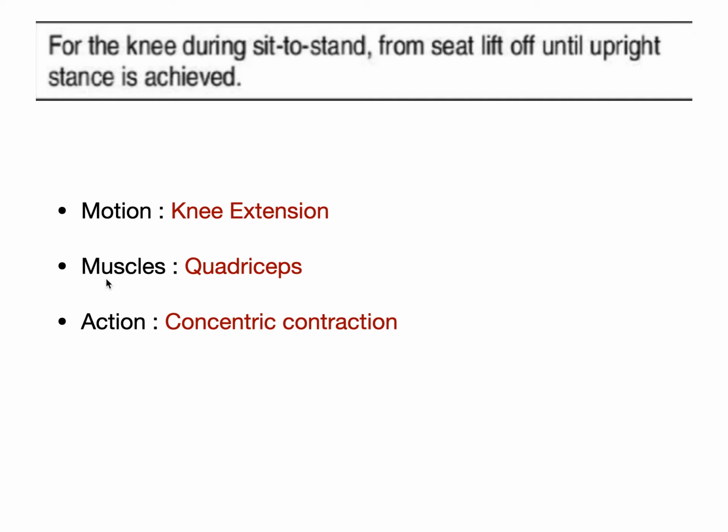And what muscle is involved in this kind of movement? For the knee joint, it's mostly the quadriceps doing the job, right? The quadriceps is contracting to induce knee extension. And the action is concentric contraction, because the muscle is acting and the joint is following the acting direction. Okay, this is the first scenario.